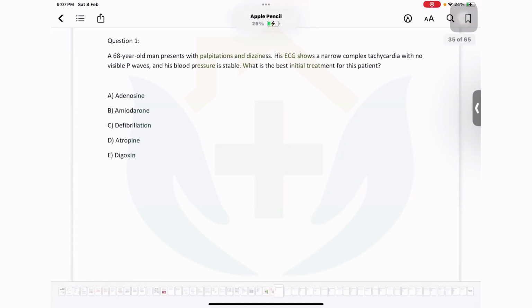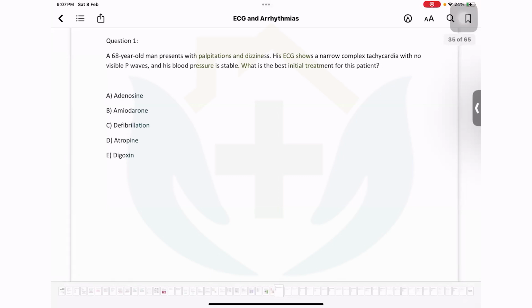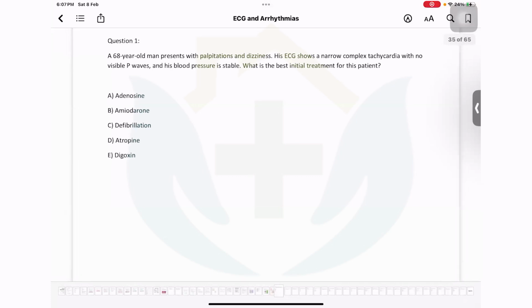Anyone? So can you define what kind of arrhythmia this is? SVT, sir. Stable SVT. So the patient has a narrow complex tachycardia with no visible P waves, and his BP is stable.